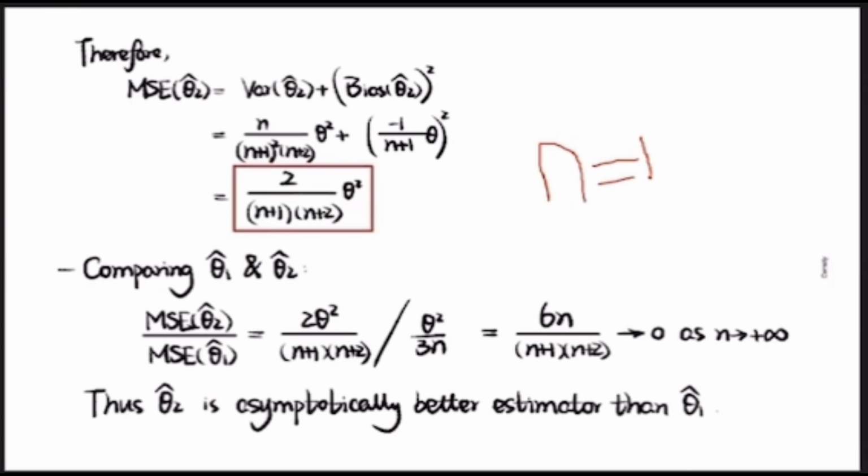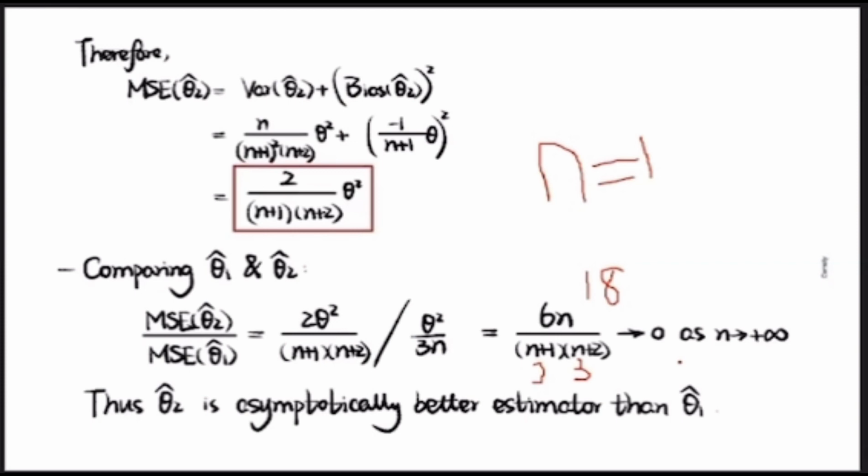If n is 3, the top one is going to be 18, and the bottom will be 4 times 5, that will be 20. 18 over 20 is less than 1, right?